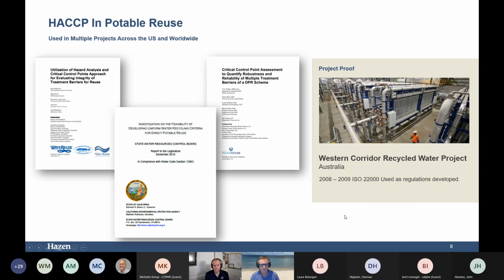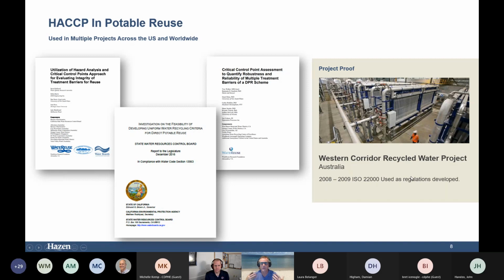The entire system, which was 3 plants and a pipeline connecting them, was built in 18 months with no regulation. And so the operations team that I was leading here on the technical side worked through the critical control point process.